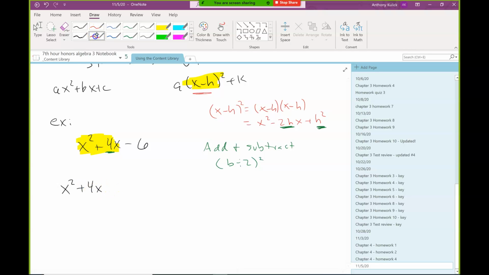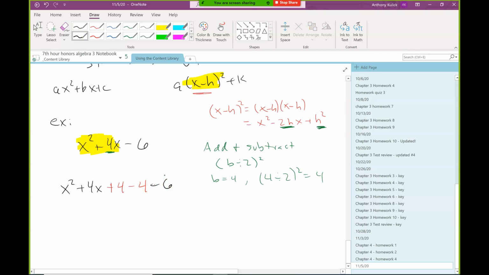So 4 divided by 2 is 2, and 2 squared is 4. Oops, let's write that in black.